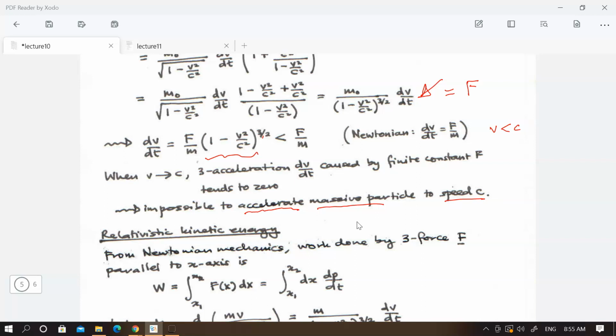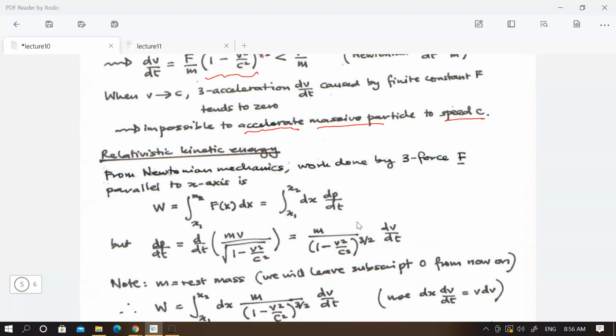So this has an implication: if you really want to accelerate a particle to speed c, the only way you can do that is to make the particle massless. There's no other way. That's a very nice implication of relativistic dynamics.